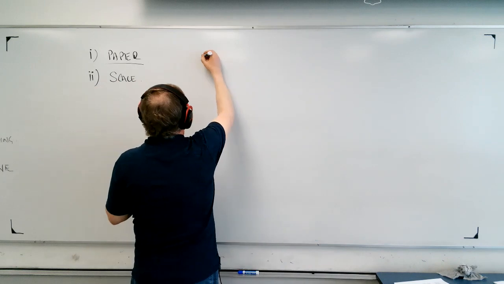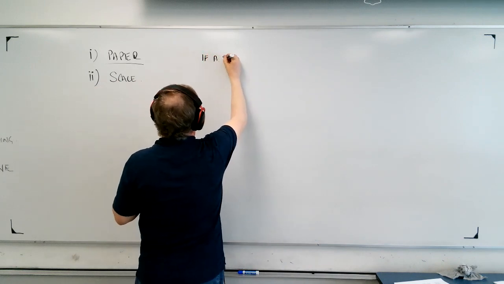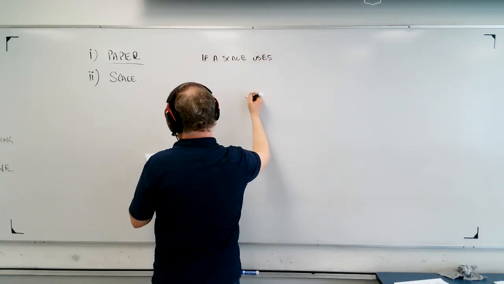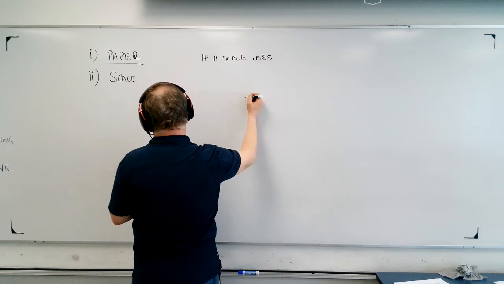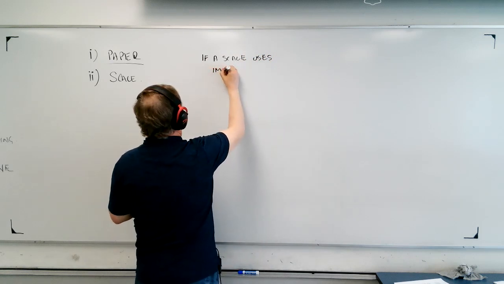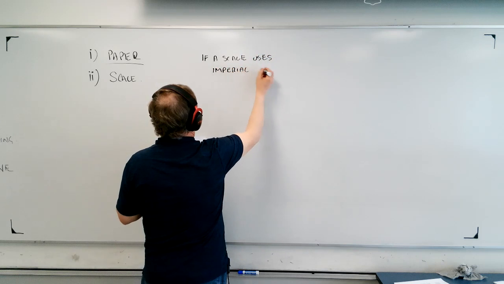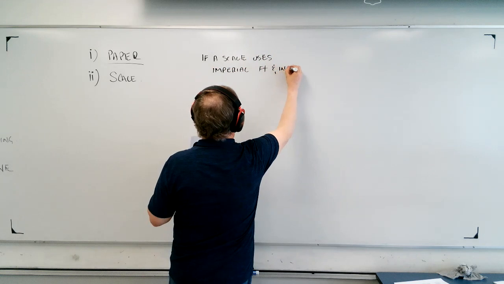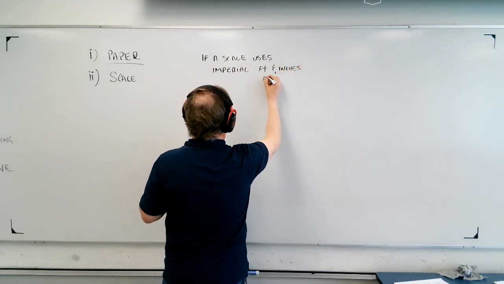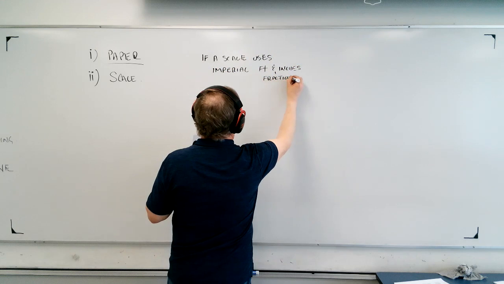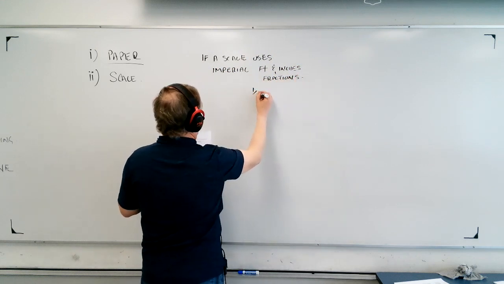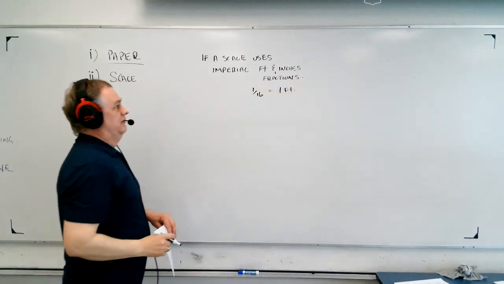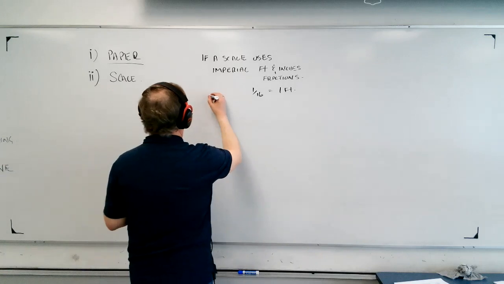The first one uses essentially imperial, so feet and inches and fractions. I'll just give you an example: 1/16 equals 1 foot. Okay. This type of scale is called architectural.